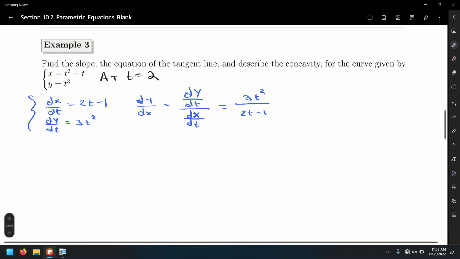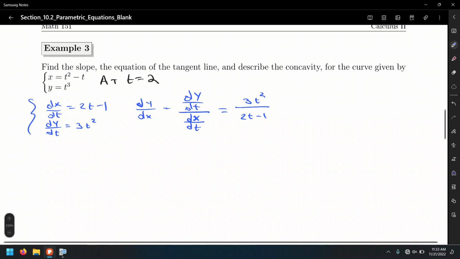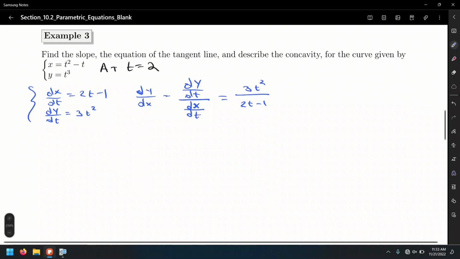All right. So now that we have this first derivative, how about we evaluate dy/dx at the point where t equals 2. In this case, we're going to do a straightforward calculation. We're given the value of t, which is great.